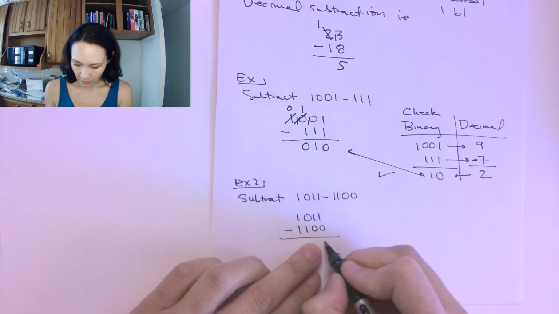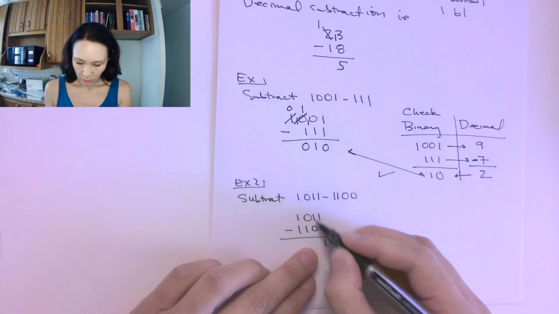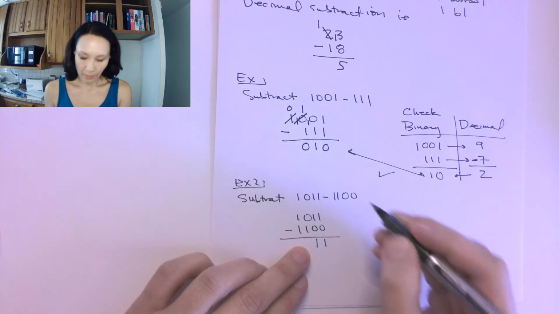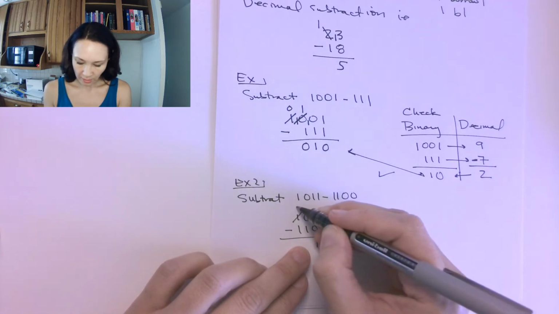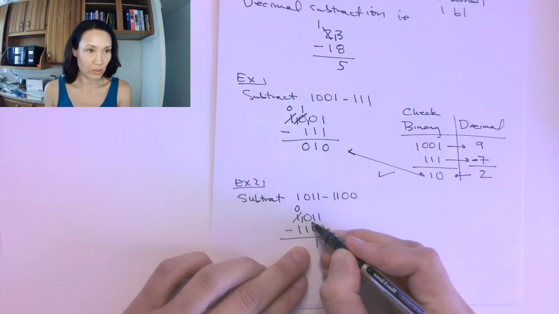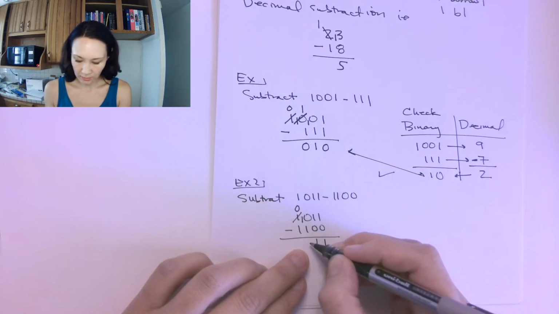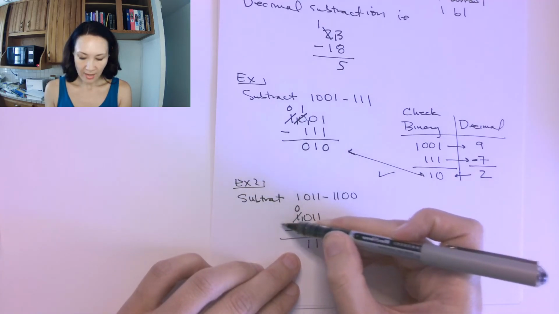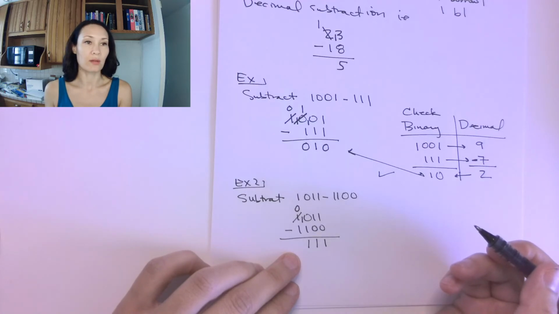1 minus 0 is just 1, 1 minus 0 is 1, 0 minus 1 is going to require a borrow, so I'm going to borrow from this column. That's a 0. This makes it 1, 0, which is 2 in binary. 2 minus 1 is 1. And now I have a 0 minus 1, but I have no more borrows available.